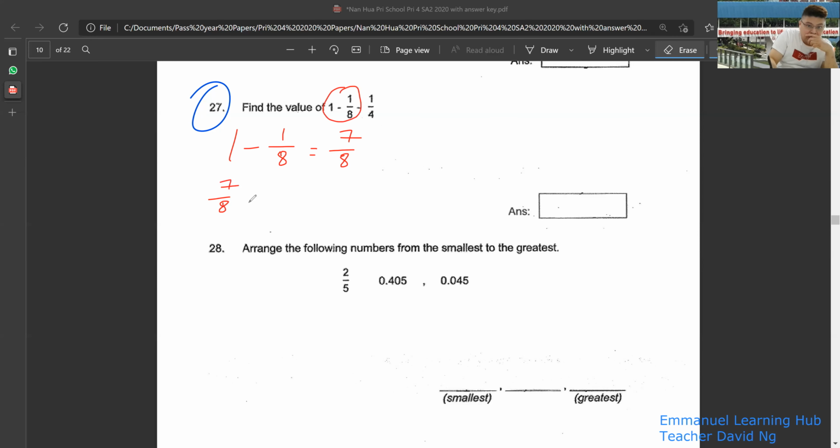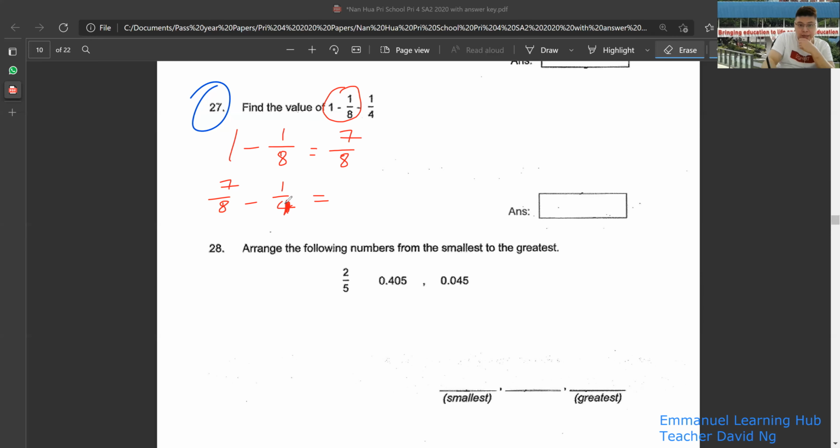So 7 over 8 minus 1/4. How to do? Change the denominator to the same.